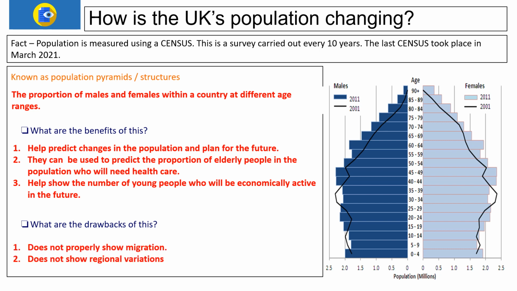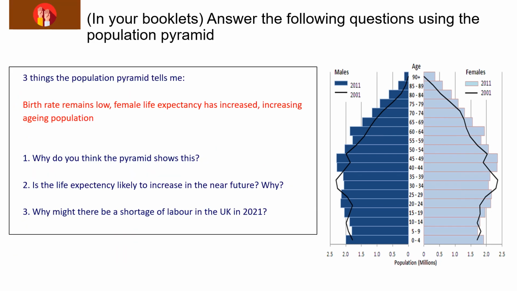Some of the drawbacks: it doesn't take into account migration, it doesn't show regional variations, but they are very useful in helping the government to predict what kind of services and infrastructure might be required in the future. Turn to page 6 of your booklets, please, and answer the following questions using the population pyramid.